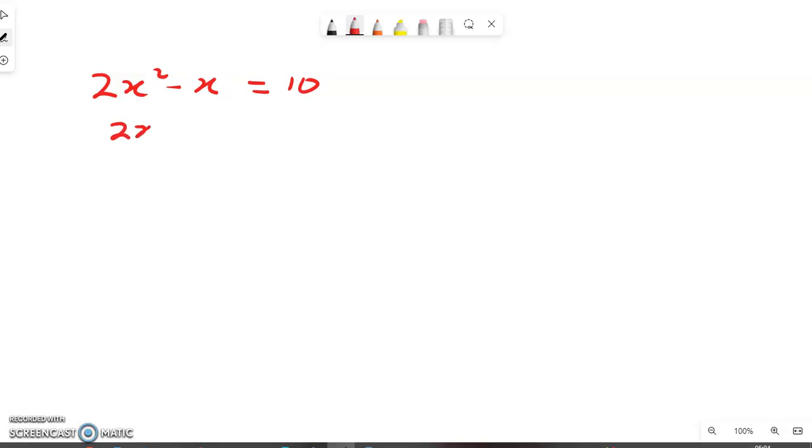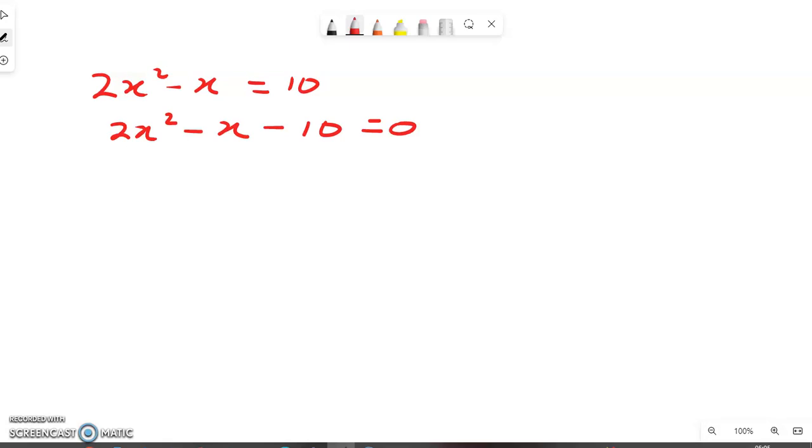First step, we must write this in a standard form, with 0 beside it. So this is a factorization of a quadratic trinomial.